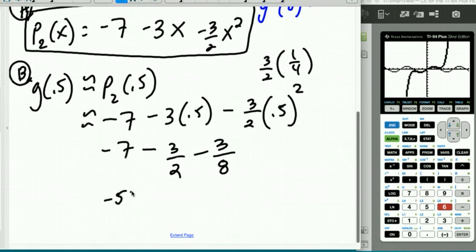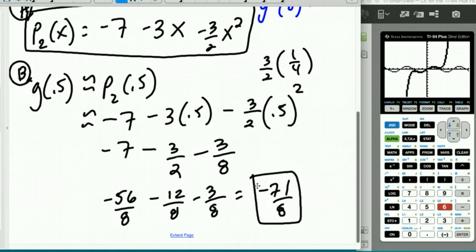So I could make this 56 over 8, right? And then this would end up being 12 over 8, right? Because I'd multiply by 4 over 4 and then minus 3 over 8. So I end up getting that that's -71 over 8. If you were somebody that would prefer to write it as a decimal, you definitely could. I just think it depends on the person, whether that's easier for you or harder for you. It just depends on you as a person.